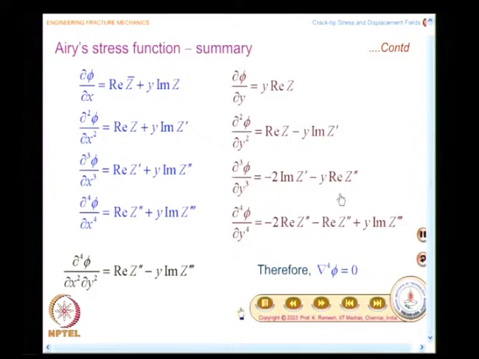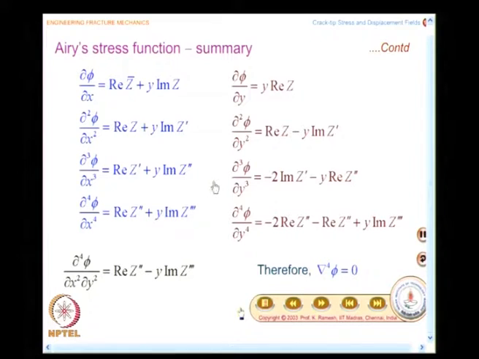And when you look at here, this dou squared phi by dou x squared is given as real part of Z plus y imaginary part of Z prime. This directly gives you the stress component sigma y, and dou squared phi by dou y squared will give you stress component sigma x.